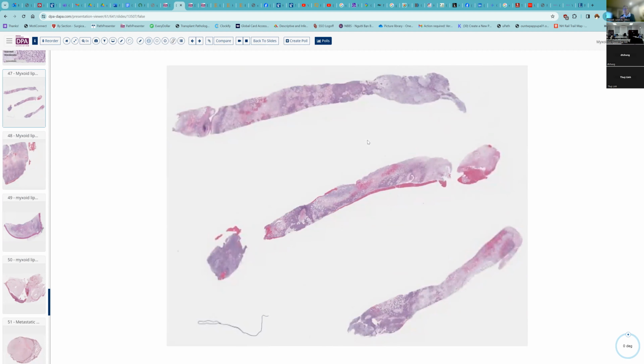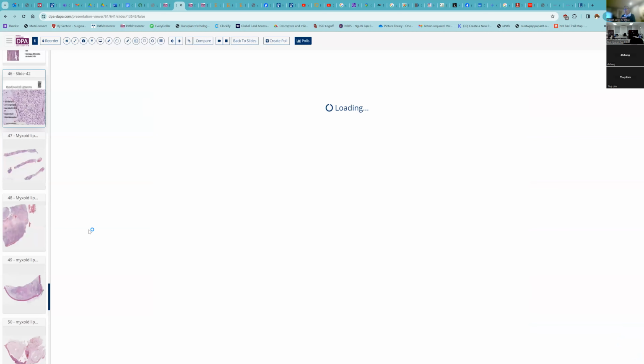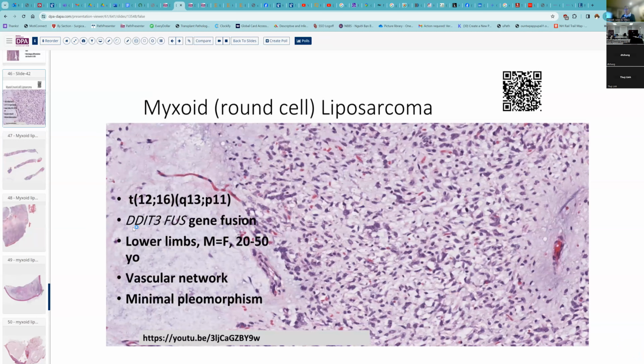And the reason these are the same tumor is because these two tumors or these two morphologies share the same gene fusion or the same translocation. So this is the 12;16 q13;p11 fusion gene, which is a fusion between DDIT3 and the FUS gene, the FUS gene.